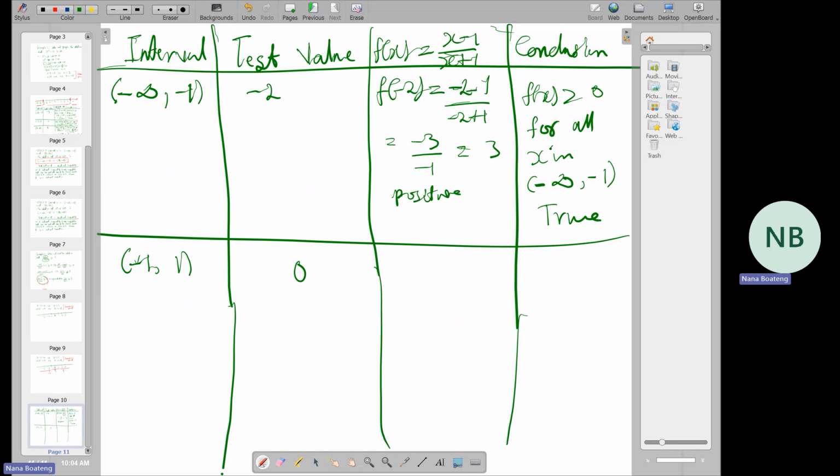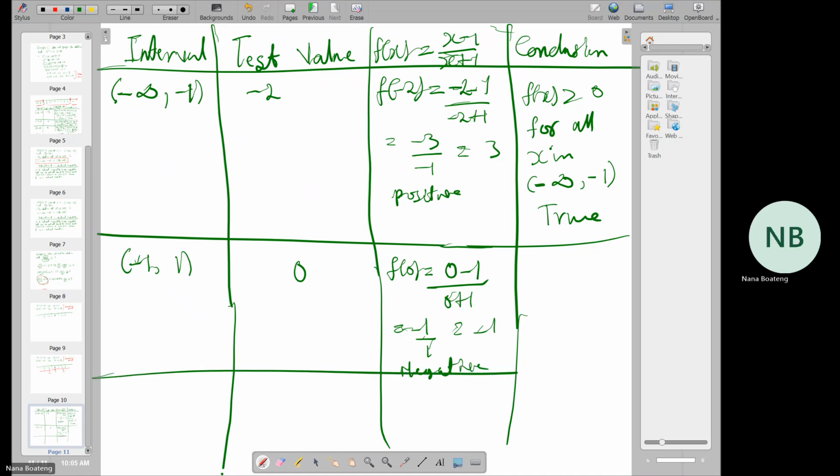So f of 0 is equal to 0 minus 1 divided by 0 plus 1, which is negative 1 divided by 1, which is negative 1. So we get a negative here.